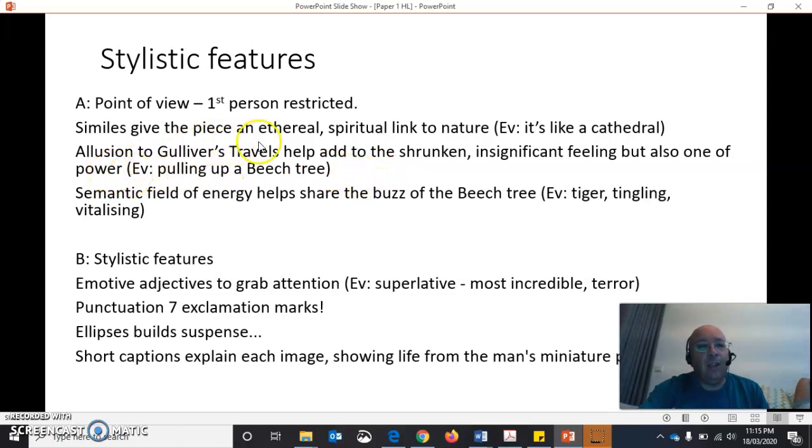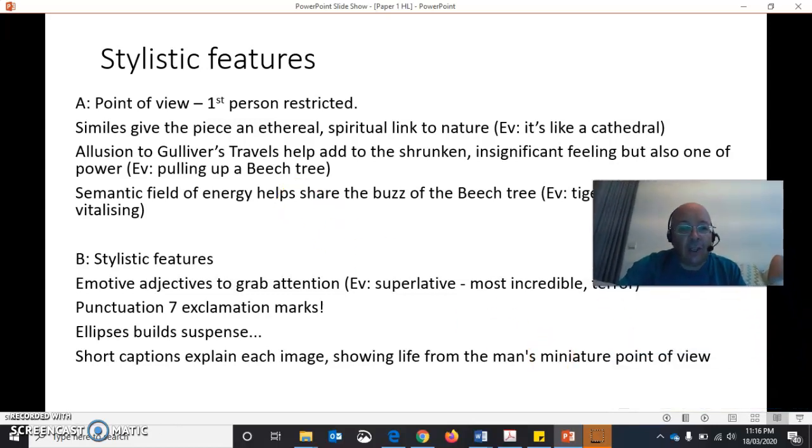So you get the feeling of him being a giant, as in the classic Lilliput, and also the sense that he's shrunken and maybe somewhat insignificant when compared with nature. There's a semantic field of energy when he describes the beech tree, and that helps us share that buzz, the idea of the tiger and tingling, vitalizing, all those words connected with energy and power, I guess.